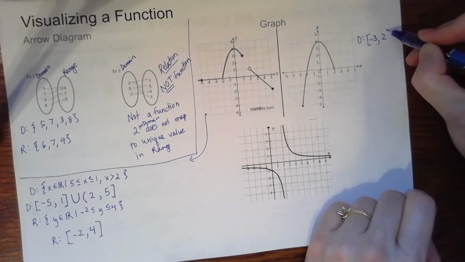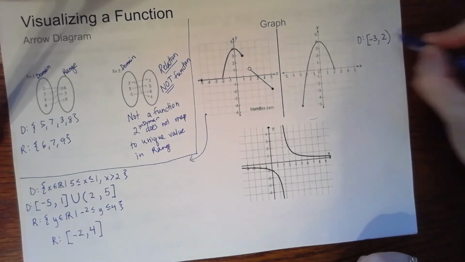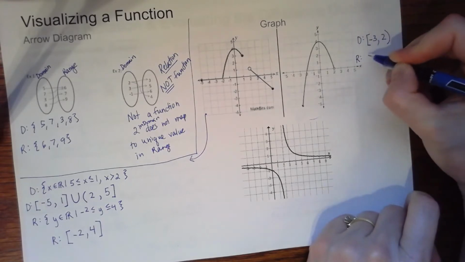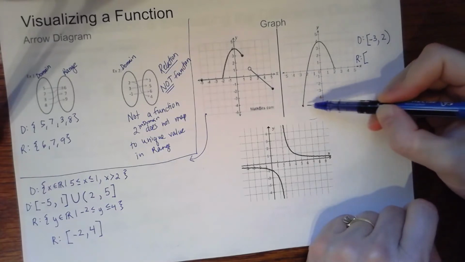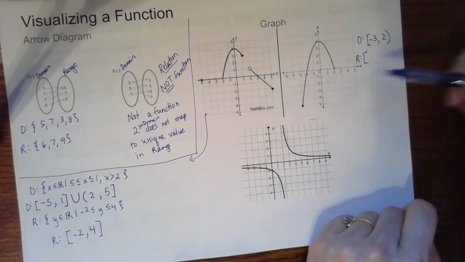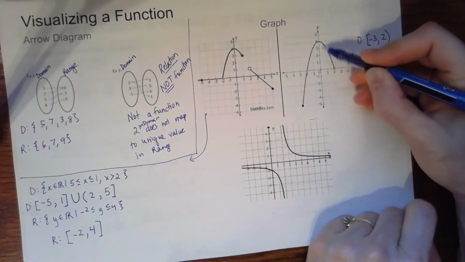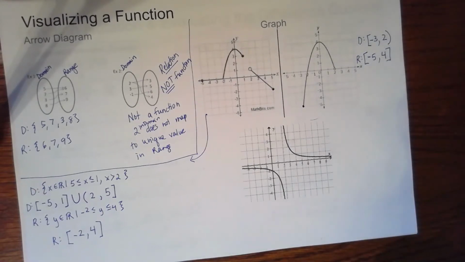It doesn't include 2 though, so I put a parenthesis there, a round bracket, to show that it doesn't include 2. And then the range, those are the y values. The smallest y can ever be, I guess, is -5. That's a closed circle. And then it can be any value up to 4, and that's also included.